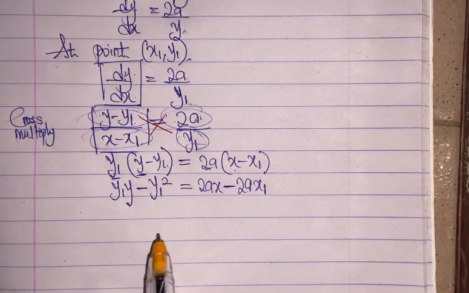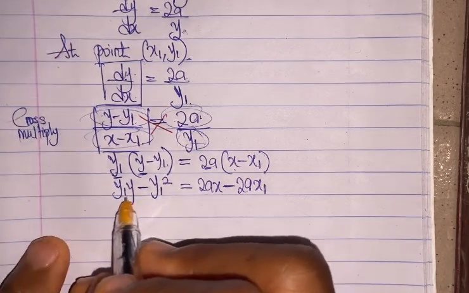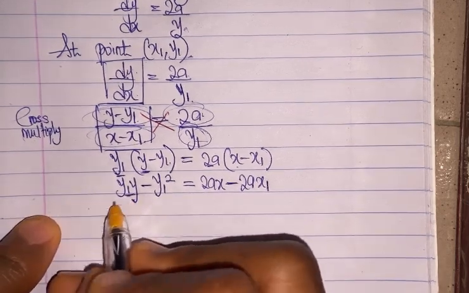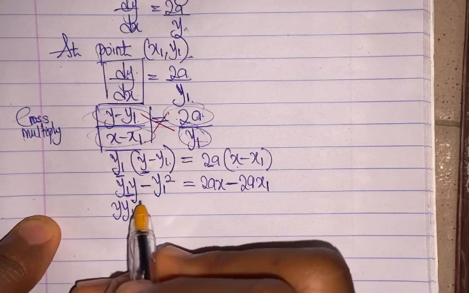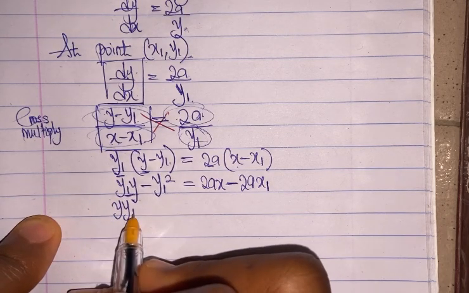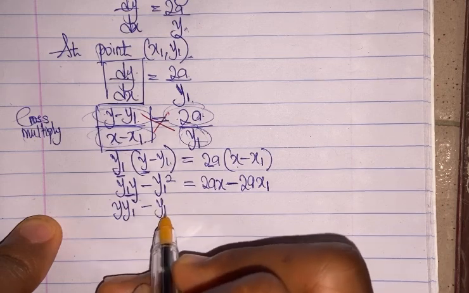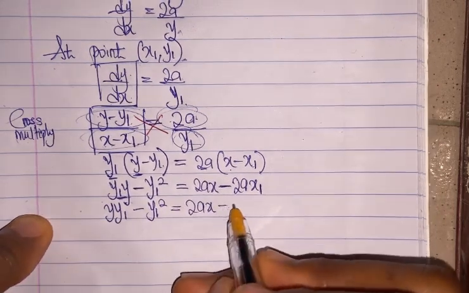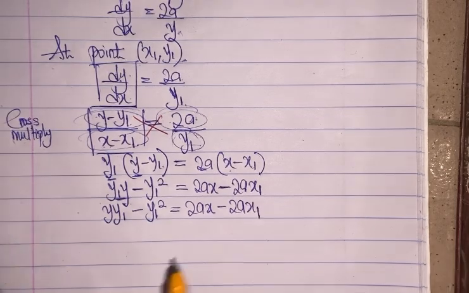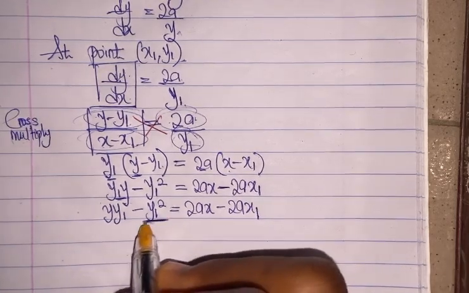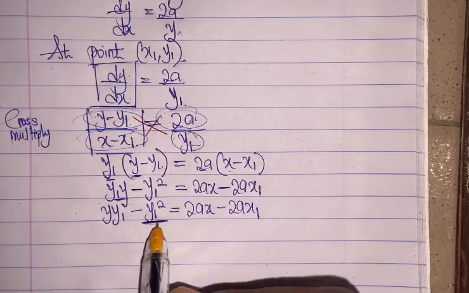I can rewrite this properly by bringing the y to the front, so it becomes y1y minus y1 squared equals 2ax minus 2ax1.